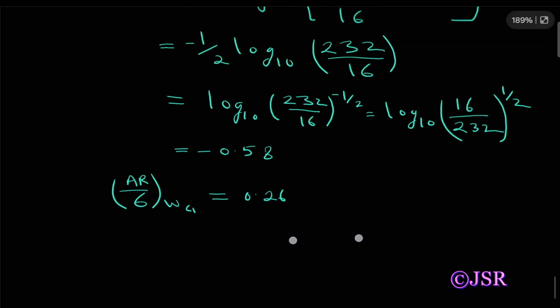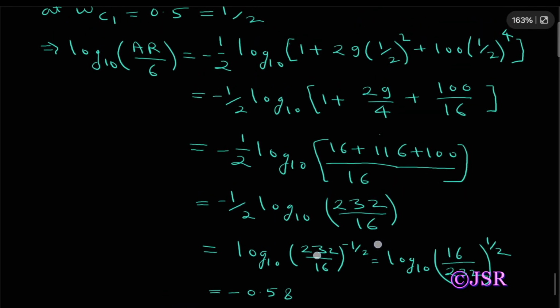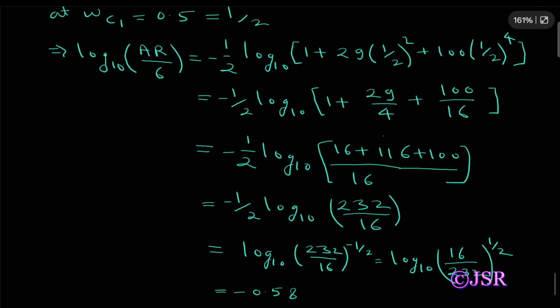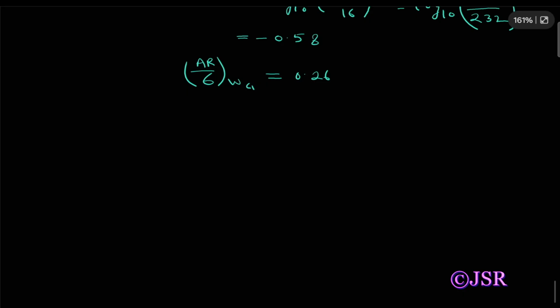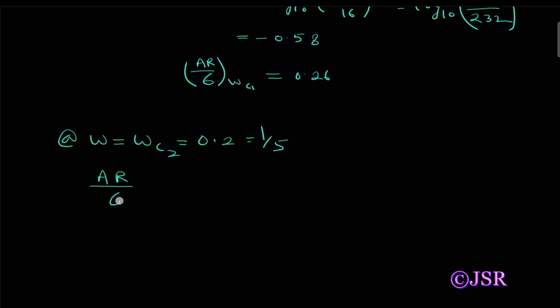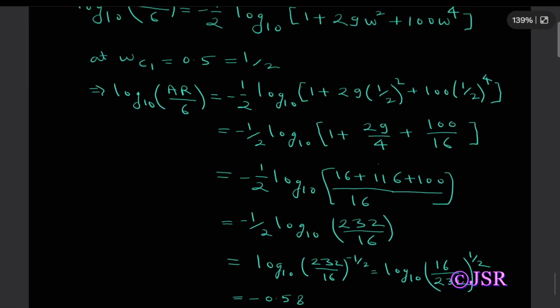Similarly, we can find at omega equal to omega c2, that is equal to 0.2, which is 1 by 5. So the AR by 6 value at omega c2 can be calculated using this expression.